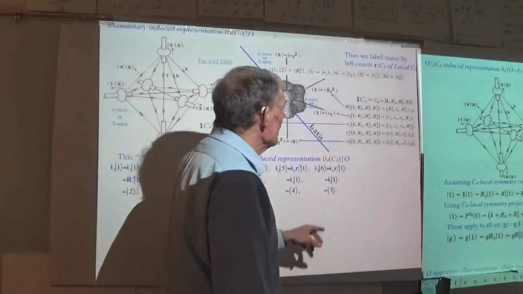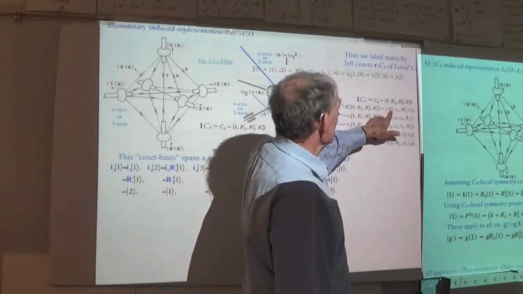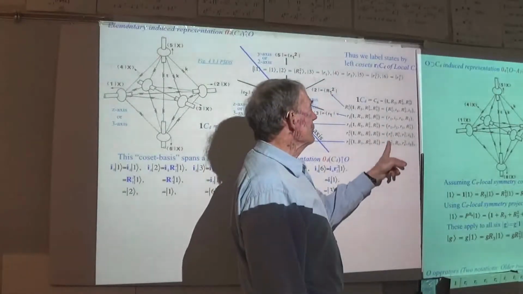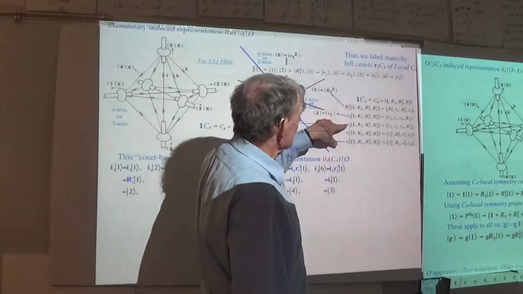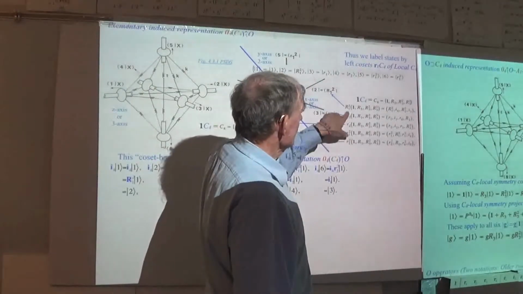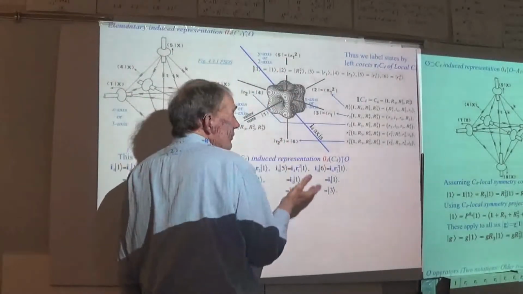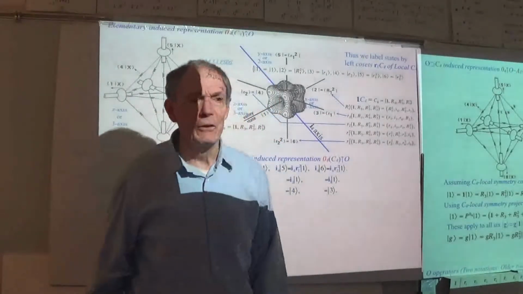R1 squared, this guy right here, is a leader of the cosets. We're using these guys as leaders in that particular one: R1, R2, little r1 squared, little r2 squared, the way these things are labeled, okay? That's just because I didn't want to take all those guys along for the ride if I didn't have to.